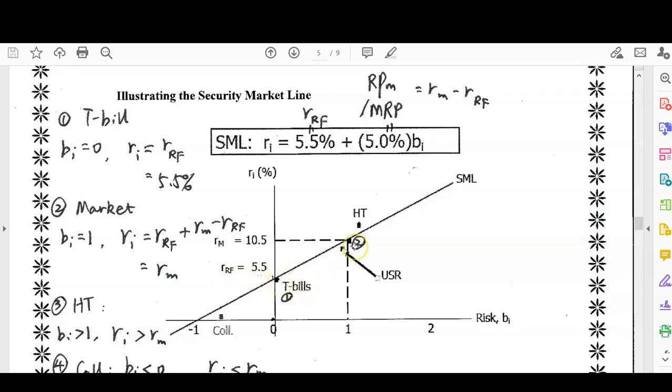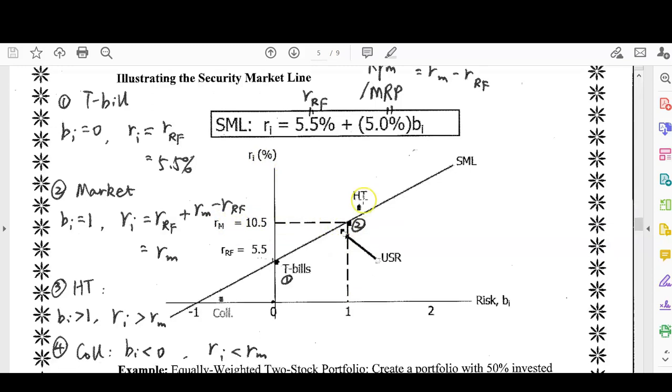For case 2, the market portfolio, when beta is 1, Ri equals risk-free rate plus Rm minus Rrf, and it becomes Rm. When beta is 1, we have this Rm, Ri equals Rm here, 10.5% for market portfolio. For high tech, beta is larger than 1, so Ri is larger than Rm. High tech is here.